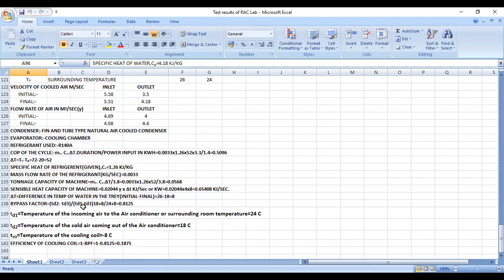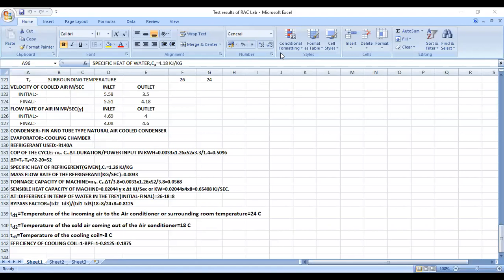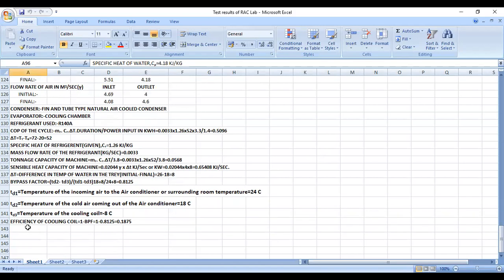If you put in the respective values, it is 18 over 32. The efficiency of the cooling coil becomes 1 minus the bypass factor, 1 minus 0.8125, which is 0.1875.